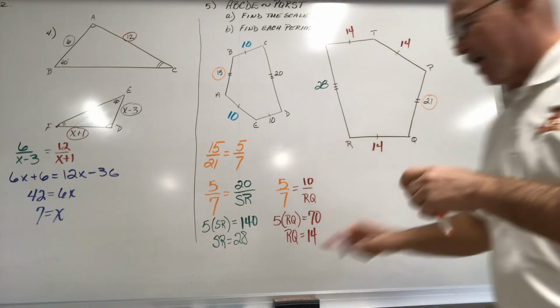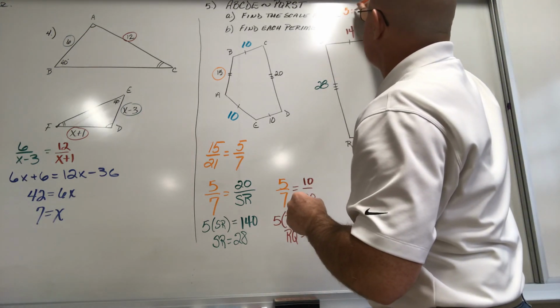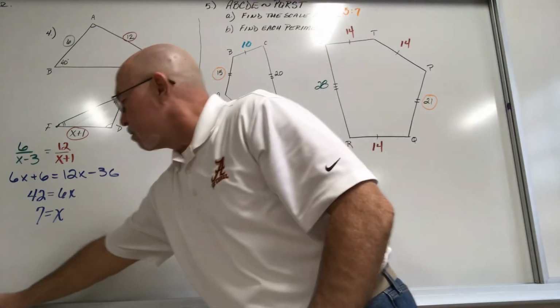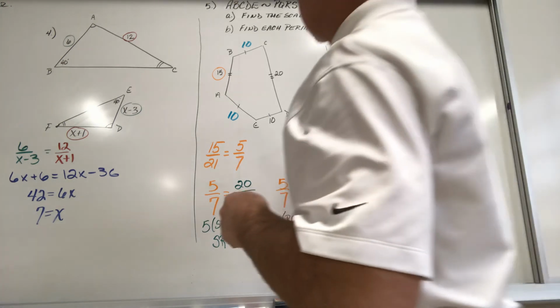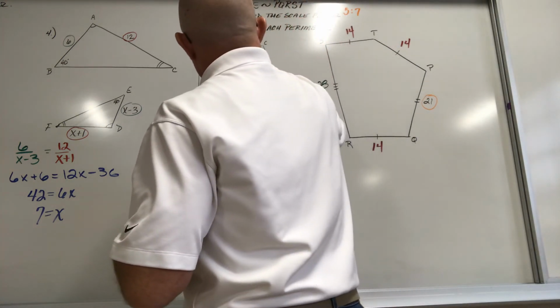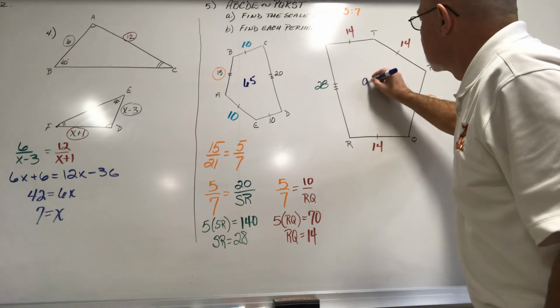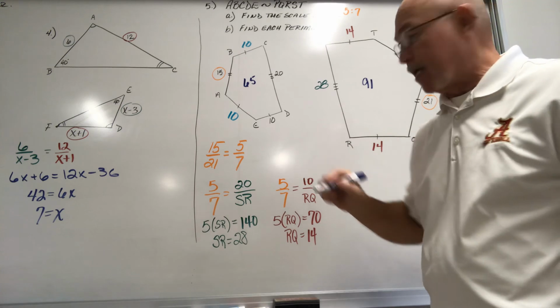Now we have all of the sides. Right? Write it that way, I'm saving space there. Okay? So all we're going to do right now is just add them up. Okay, that's one way to do it. Just find the actual sides of them.